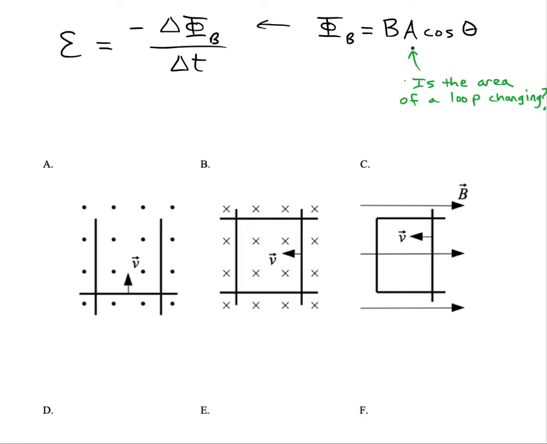Because if it is, then there will be an induced electric potential, which could cause a current. The top formula is for complete loops.